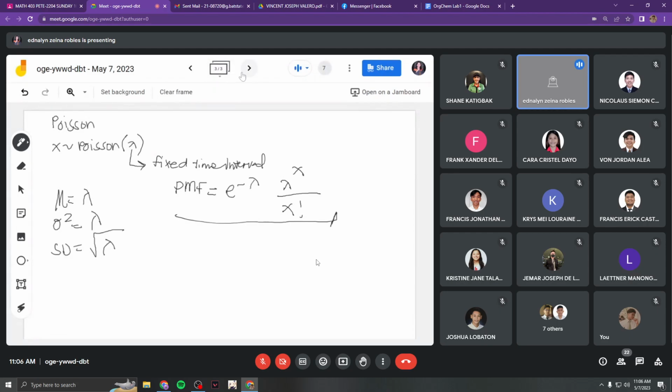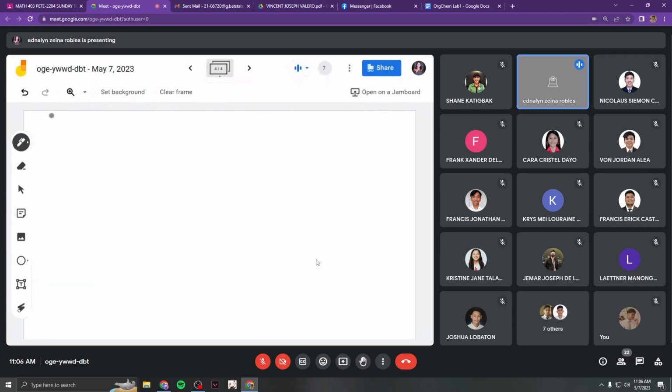If none, let's discuss continuous probability. So, continuous probability, just like in discrete probability, it do have families.